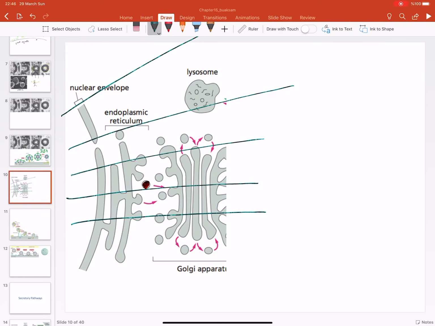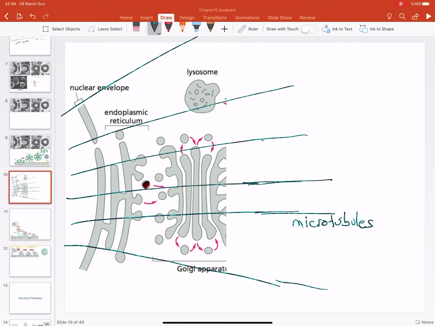They are spanning from the center of the cell, which is called the centrosome, to the membrane, and all the movements are done on these microtubules with the help of kinesin motor proteins. So the kinesin motor proteins are going to take this vesicle and move it on the way.